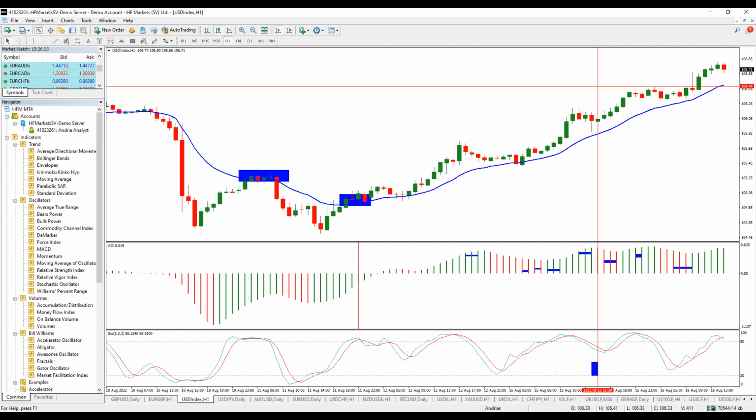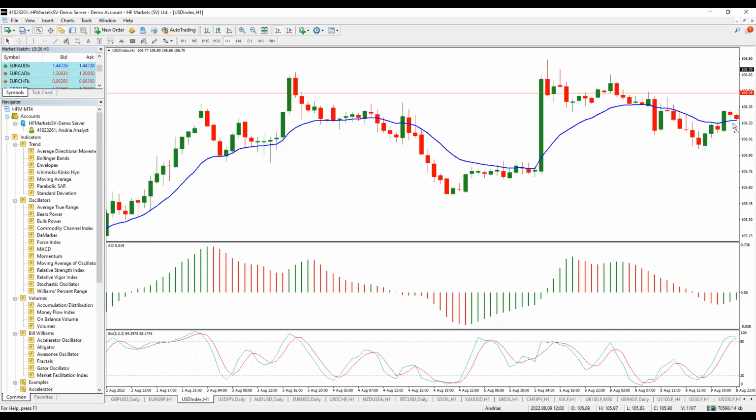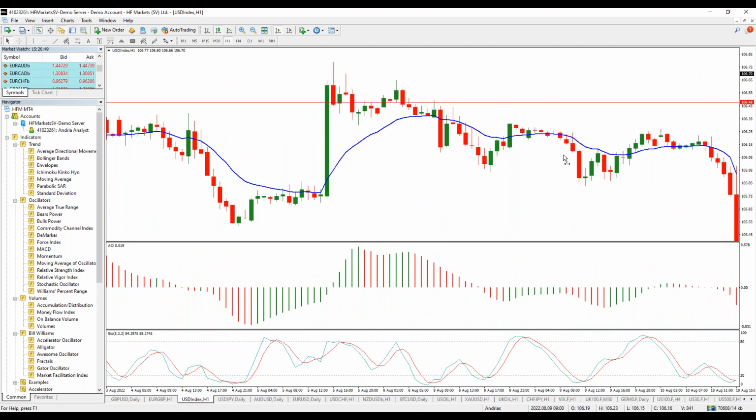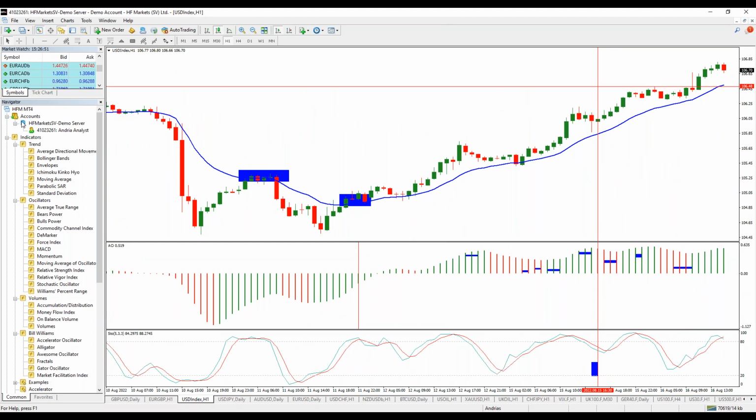For example, the 15 exponential moving average in this 1 hour chart of the dollar index looks to support it quite well. So why not? It's up to the asset that you're trading and the time frame that you're trading as well. So just go back and check: is it giving me a nice support or resistance level? Is it giving me nice signals, yes or no? That will reply to your question, my dear Paul.